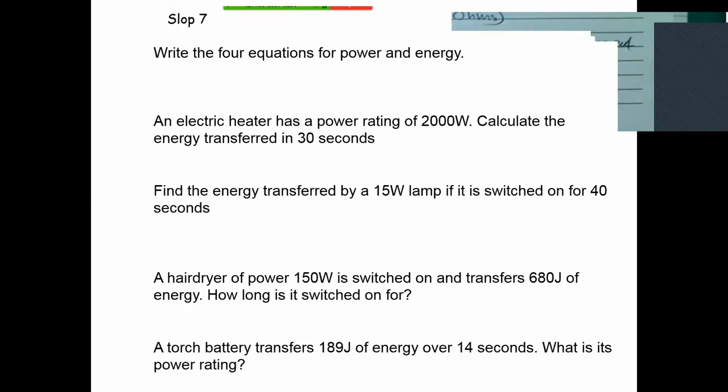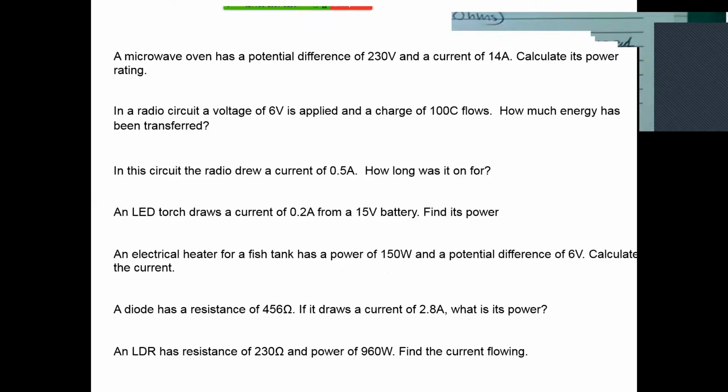I'm also going to attach the PowerPoint presentation to Show My Homework, so you could just print off the slide if you want to as well. So pause, have a go, please. Okay, there's the second half of SLOP 7. So quite a few questions, but there are 4 different equations which you need to practice, and all 4 of these equations are covered on these couple of pages. Okay, pause and have a go.